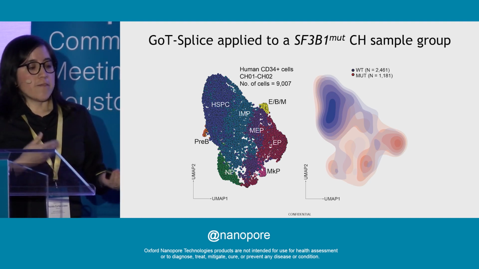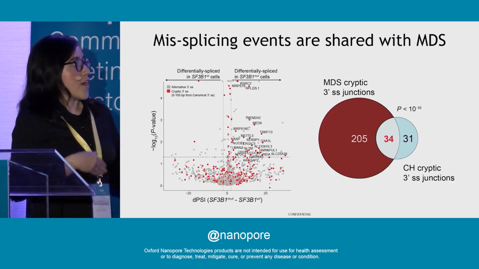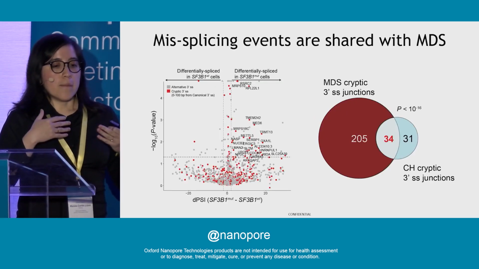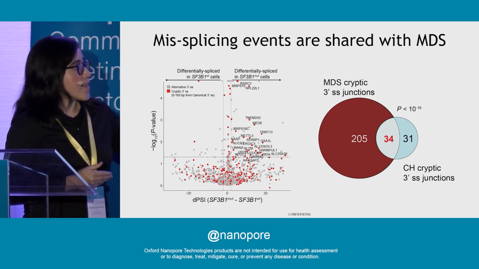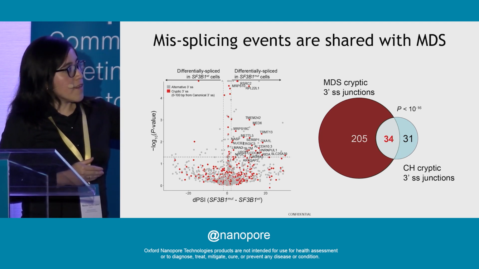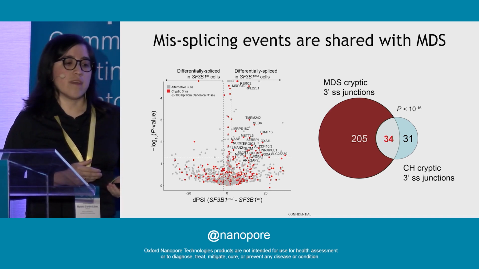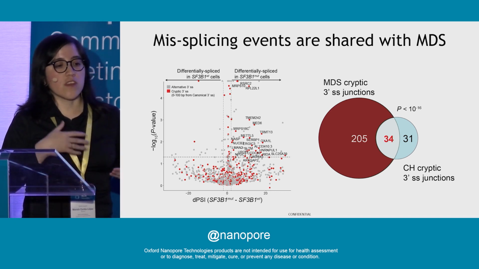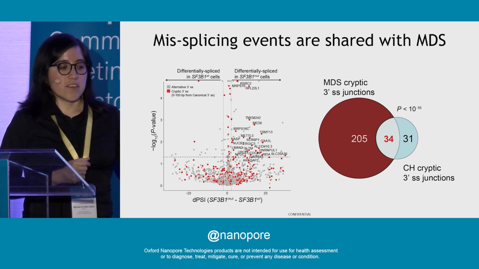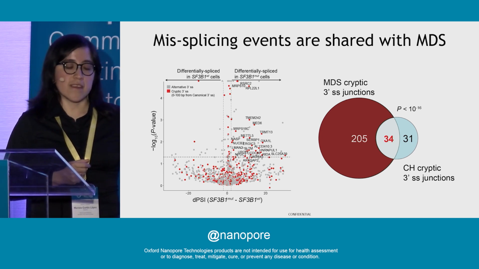Moreover, the effects of the splicing changes are also reflected in this pre-malignant condition, where we see an increase in cryptic junctions, many of which are shared with the cryptically spliced junctions in the patients that already have the malignant disease.